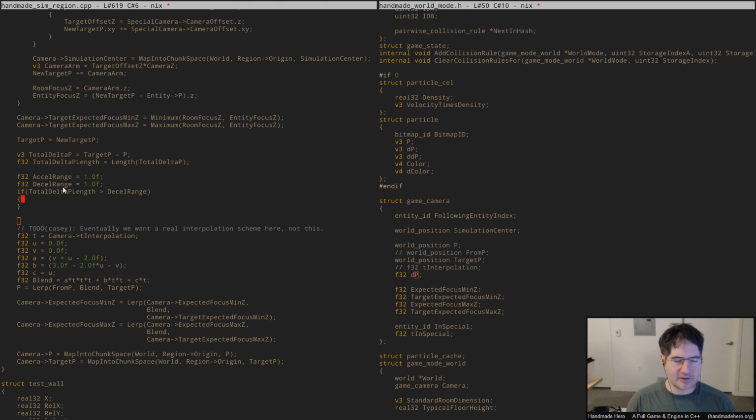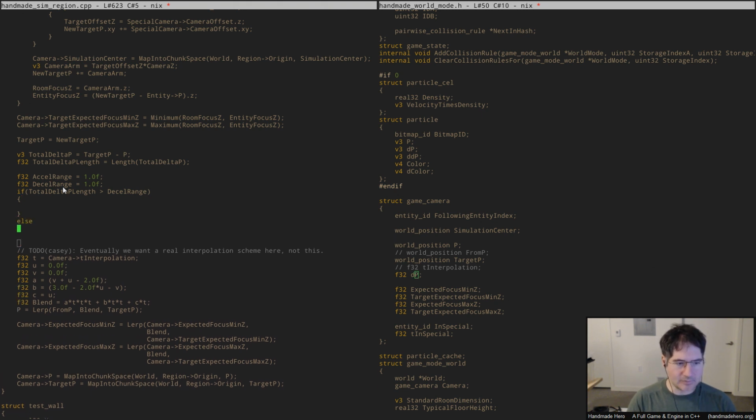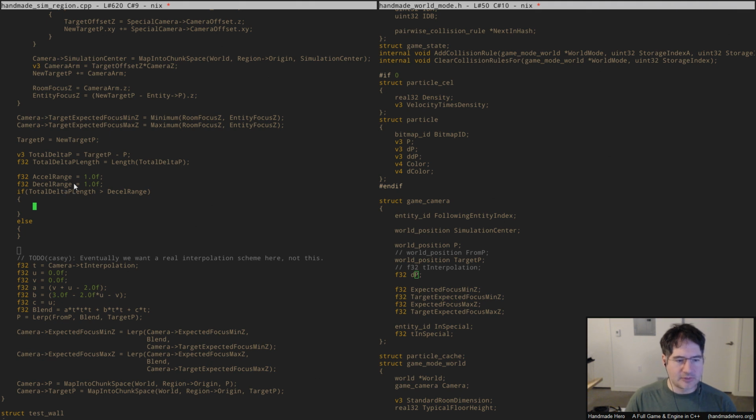So if we're in deceleration range, we do one thing, and otherwise we do something else. If we're in the deceleration range, then what we need to do is figure out where in the deceleration range we are, and that would set our deceleration. And in theory, we could just do that directly.